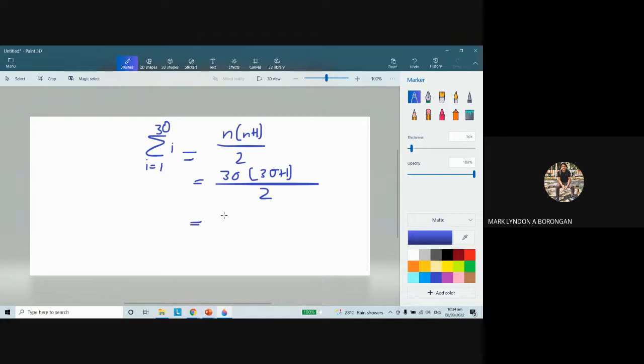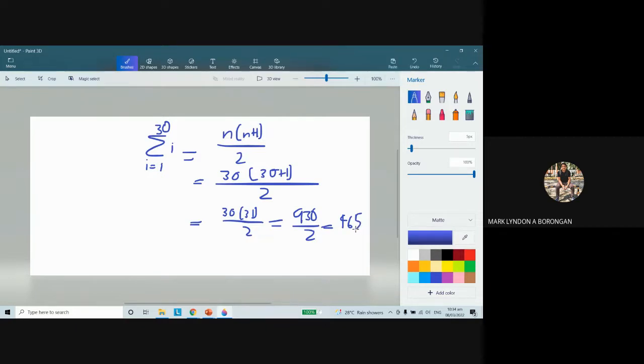That becomes 30 times 31 divided by 2. 30 times 31 is equal to 930. So it becomes 930 divided by 2, which is equal to 465. That is how we get it, guys.